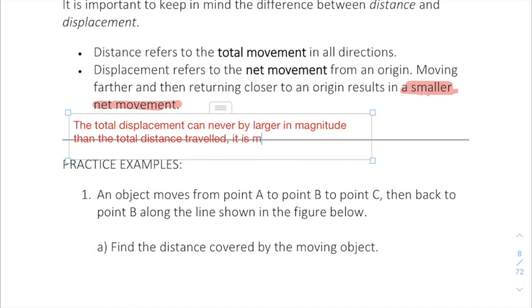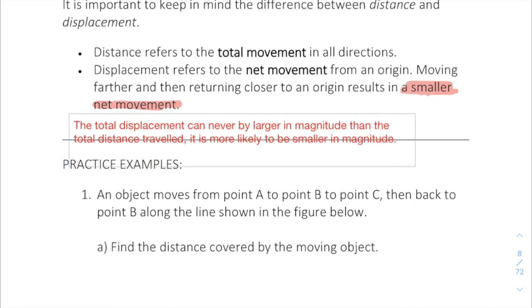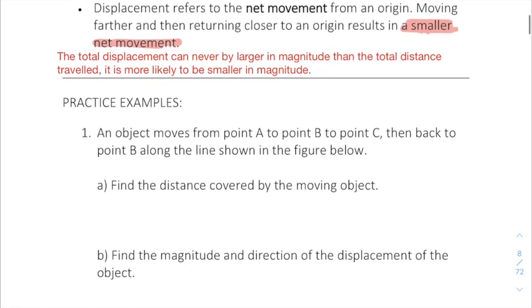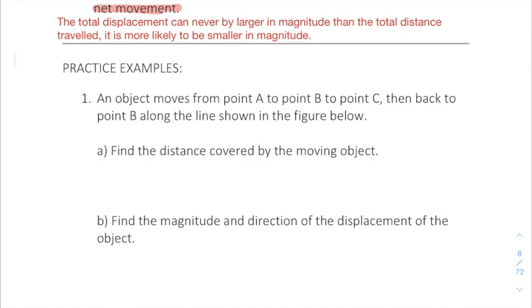It is more likely to be smaller in magnitude. As in our example we just saw, there was 6 kilometers of distance traveled, but 0 kilometers of displacement.